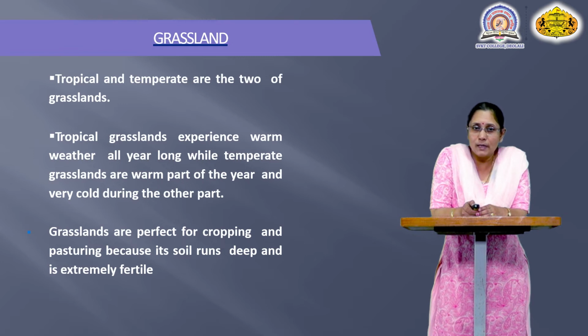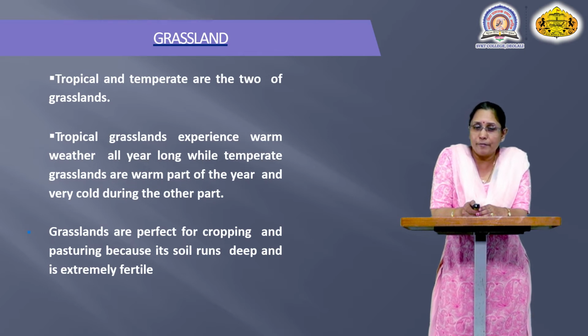Tropical grasslands experience warm weather all year long, while temperate grasslands are warm for half of the year and very cold during the other part of that year.